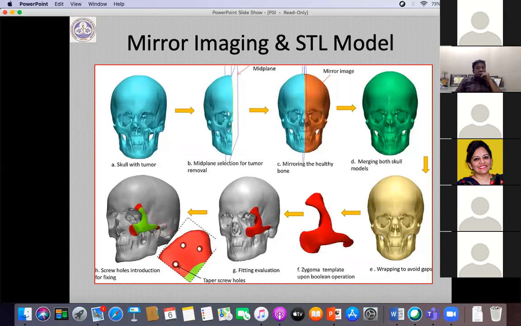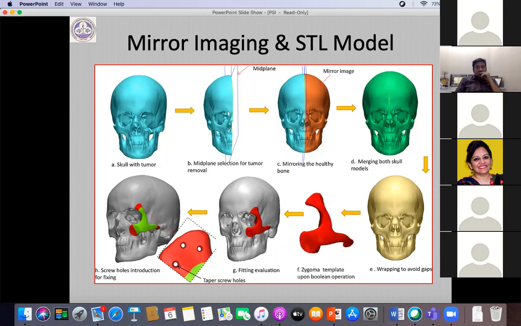He removes the pathologically affected half of the skull from the screen and mirror images the normal side to the affected side, right? So the green skull is virtually created on the screen now, which has a normal zygoma on the left side.